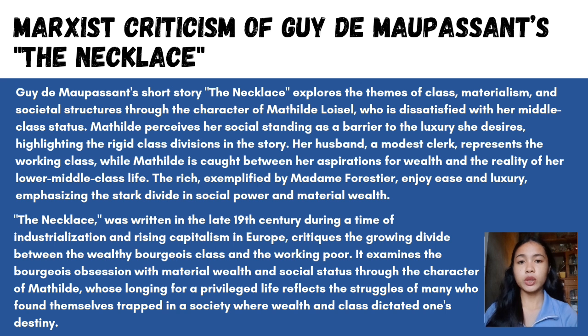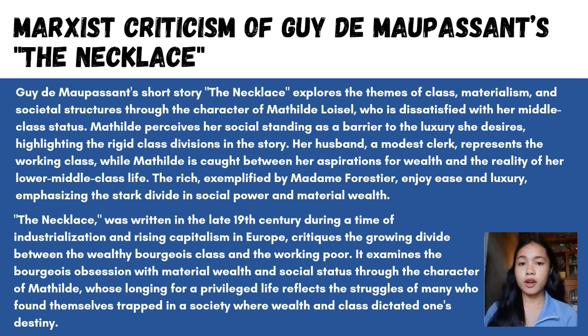Mathilde's obsession with wealth and social status underscores her frustration with her lower middle class position and the perceived barrier it creates between her and the affluent life she yearns for. This disparity demonstrates the social dissatisfaction and class conflict which is central to Marxist criticism.